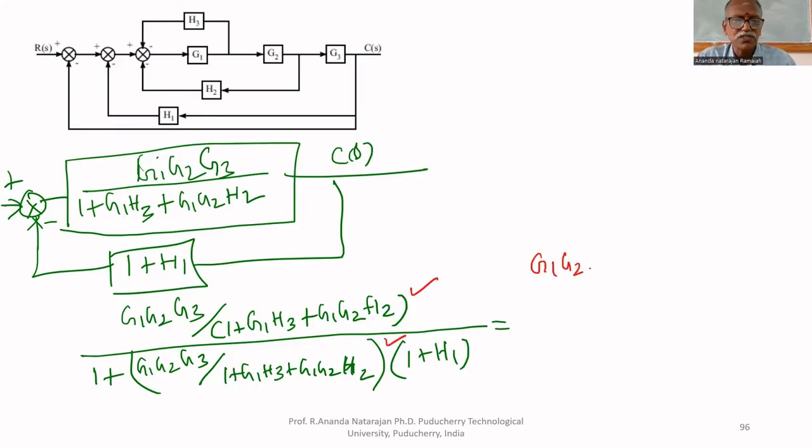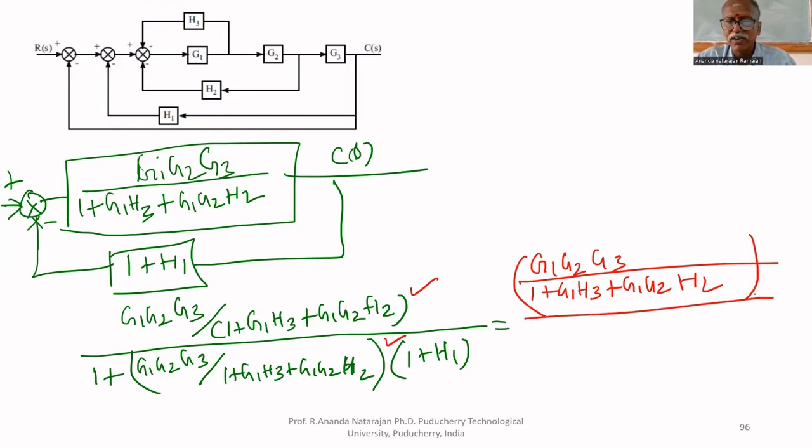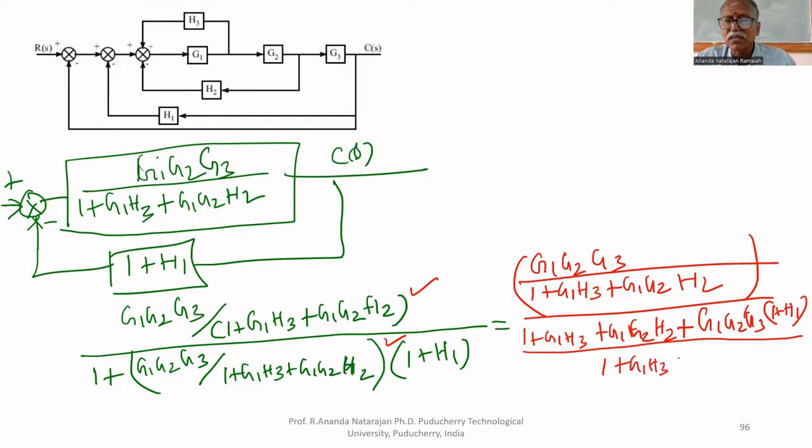So G1, G2, G3 upon 1 plus G1, H3 plus G1, G2, H2. This is numerator. Whole divided by 1 plus G1, H3 plus G1, G2, H2 plus G1, G2, G3 times 1 plus H1, whole divided by 1 plus G1, H3 plus G1, G2, H2.